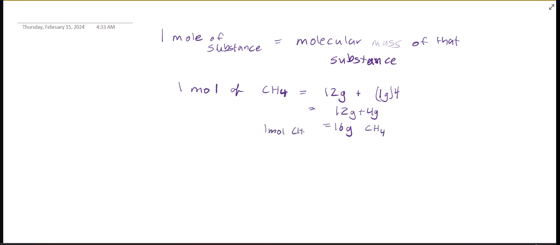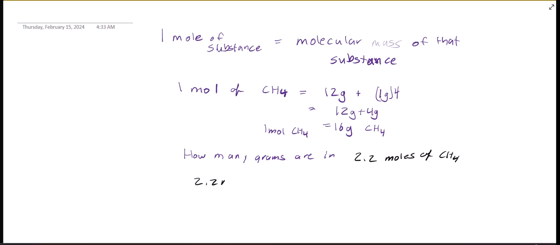for CH4. So if I need to find out how many grams are in 48 moles. No, that's too many. I don't want to multiply that. I don't want to get out a calculator. How many grams are in 2.2 moles of CH4?